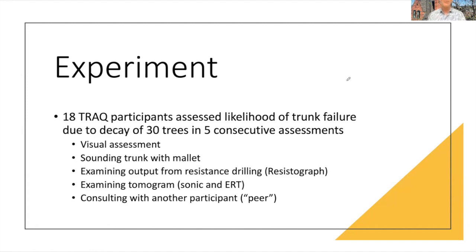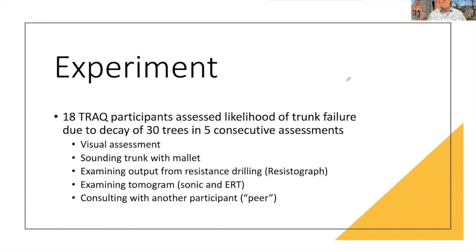We were fortunate to have 18 TRAQ-qualified tree risk assessors. We looked at 30 different trees, and for each tree, each assessor looked at the tree with 5 different tools, basically techniques, for assessing the extent of decay.